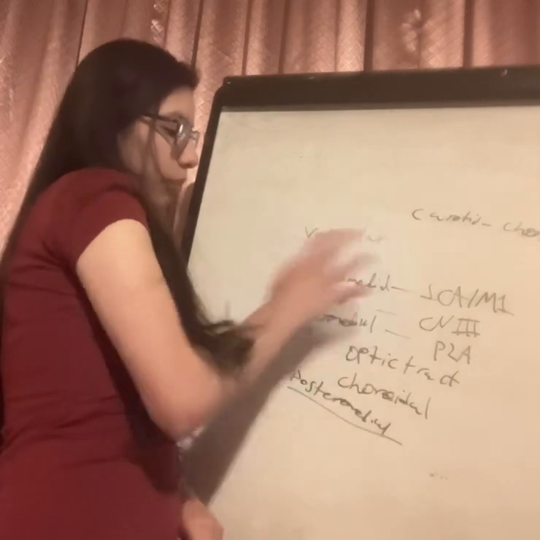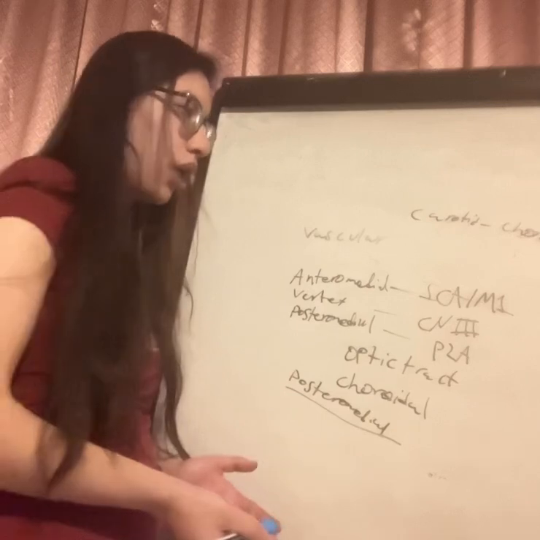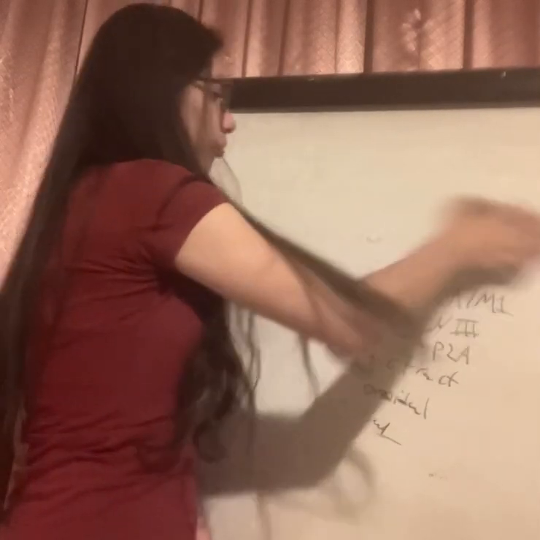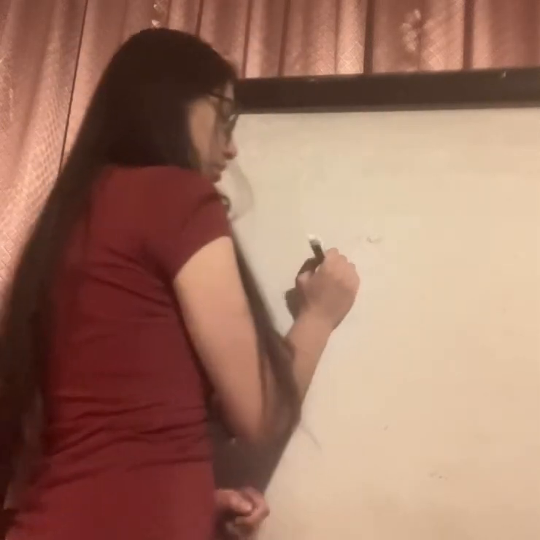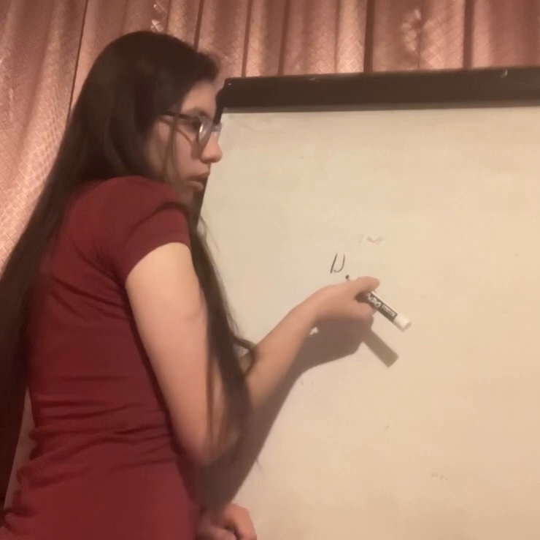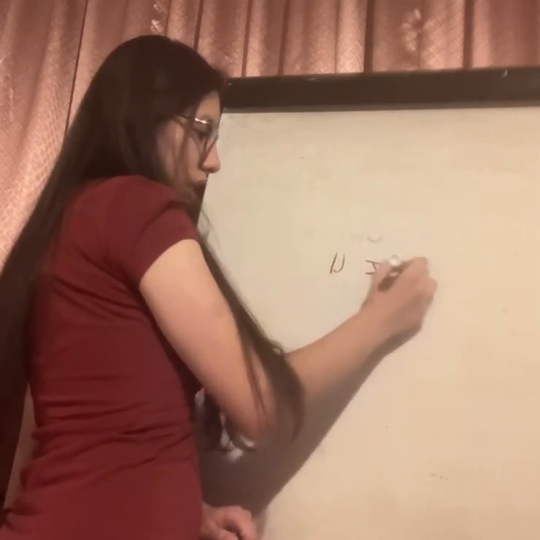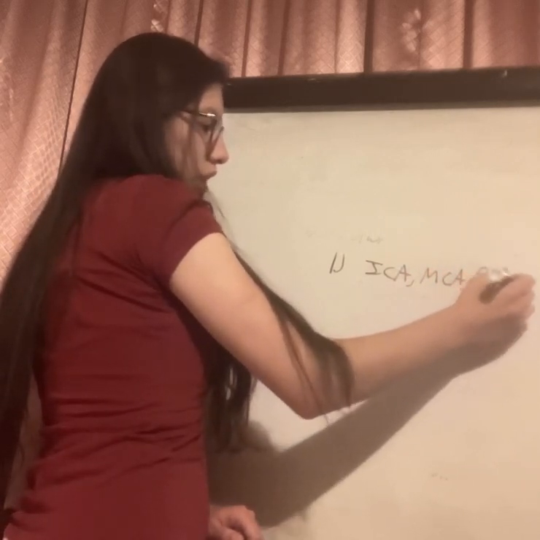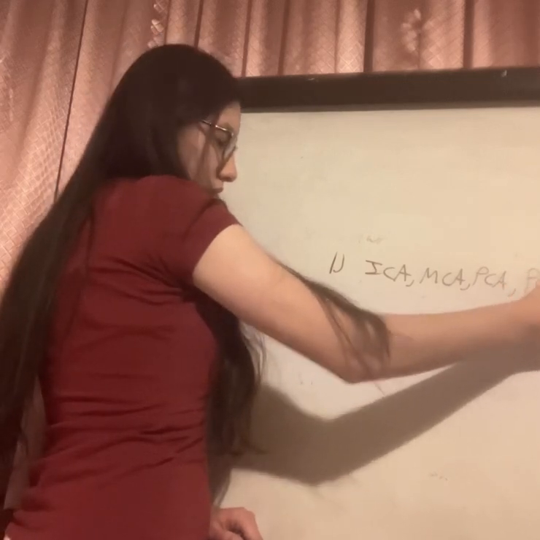After removing the amygdala, that would be after removing the uncus, we need to verify that we can see the following structures. These structures include vascular ones: the internal carotid artery, middle cerebral artery, posterior cerebral artery, and posterior communicating artery.